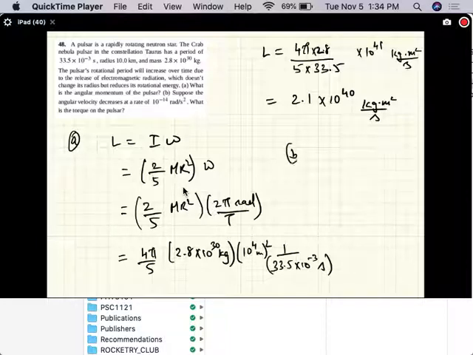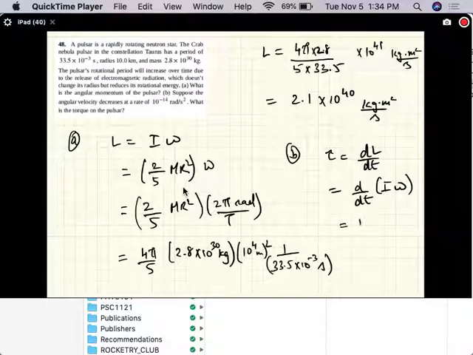Suppose the angular velocity is decreasing at a rate of, what is the torque on the pulsar? Okay, so part B, torque is dL by dt, and d by dt of I omega, and the moment of inertia is not changing, so it's I times d omega by dt, I times alpha. Okay.